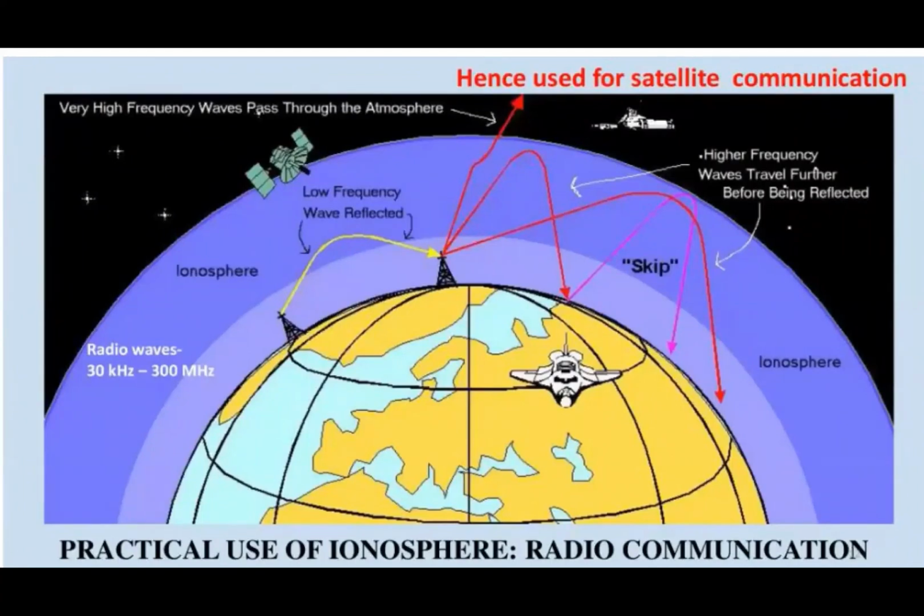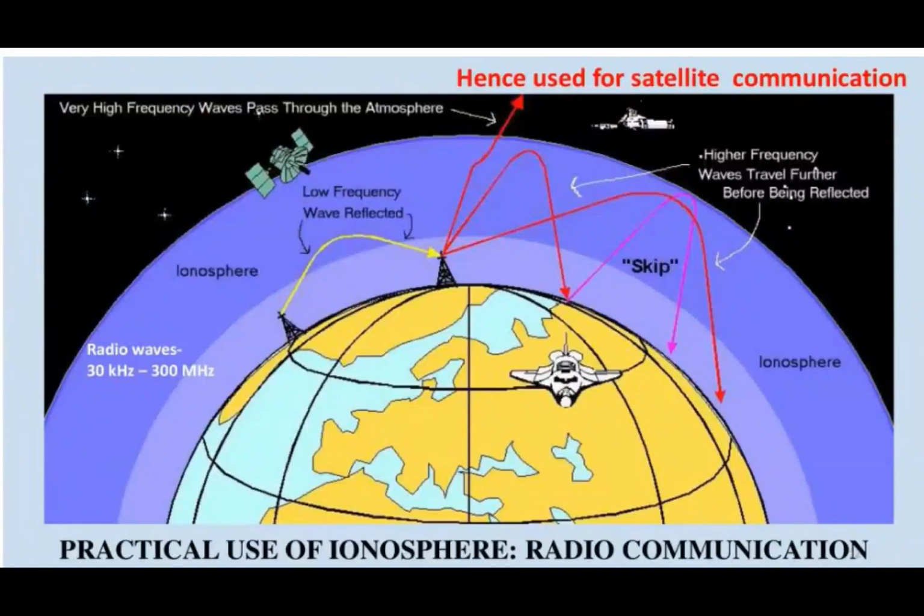The different types of waves propagate through the ionosphere in different ways, and all of them are very successfully used for communication. Some of the waves, like the very high frequencies, do not get reflected from the ionosphere. Therefore, they pass through the ionosphere, so they cannot be used for this kind of communication mode.